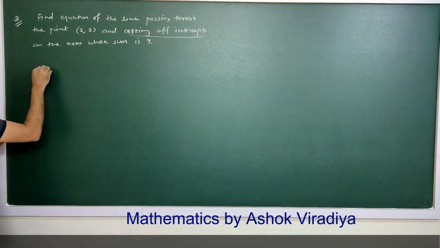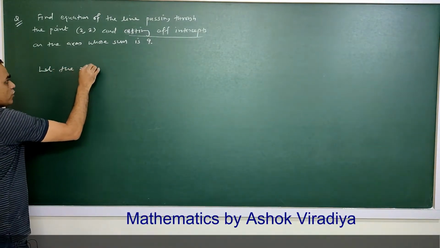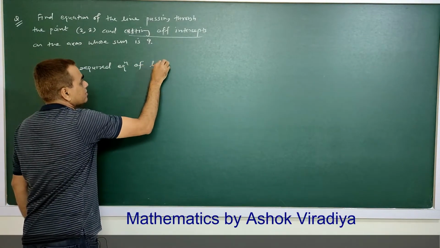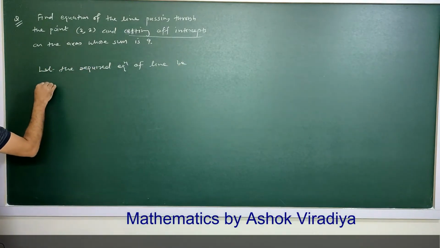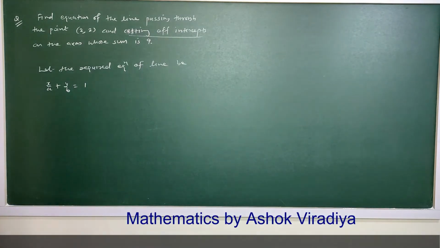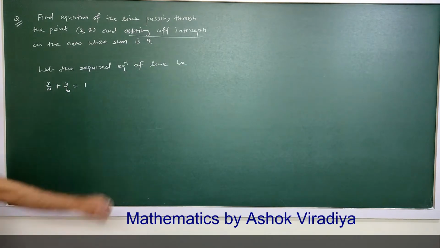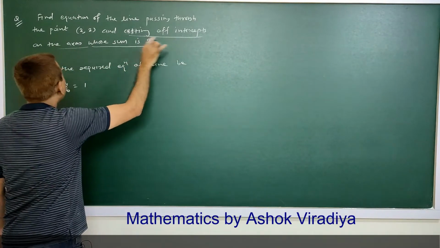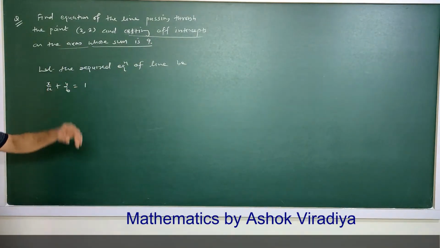So let the required equation of the line be x upon a plus y upon b is 1. This is the intercept form. It means a is the x intercept and b is the y intercept. And given that the sum of the intercepts is 9.